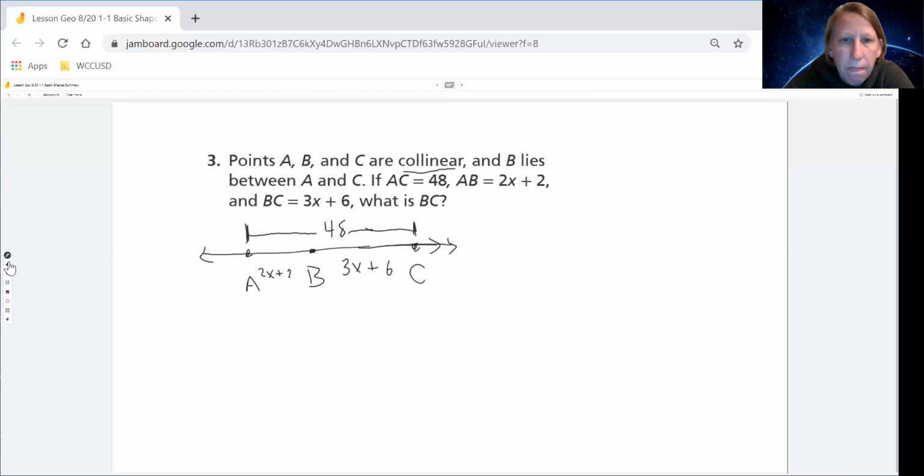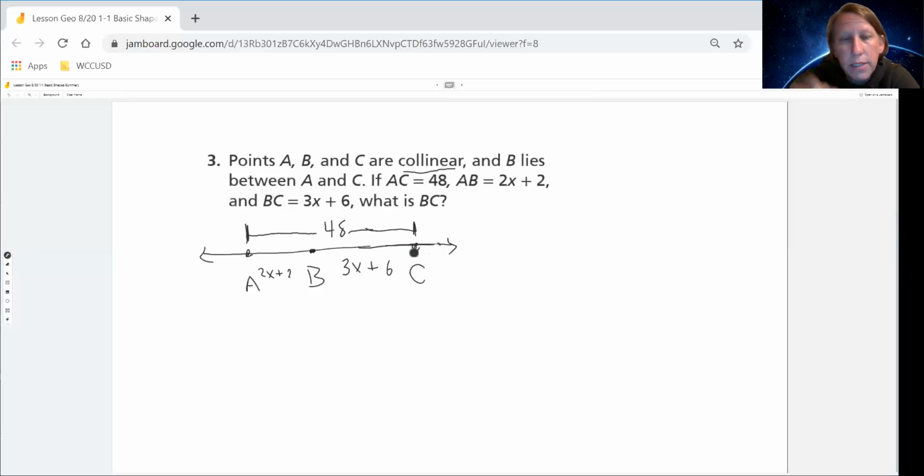Okay. The question is, what is BC? Well, it's going to be less than 48, right? You think it's a lot less or a little less? How can we find out? Well, we can do an algebra problem because it's geometry. They want us to keep remembering our algebra. The geometry in this problem says that the segments can add up to the big segment.